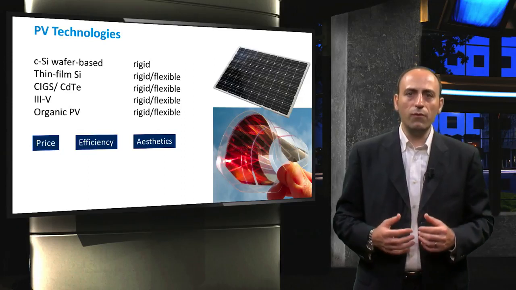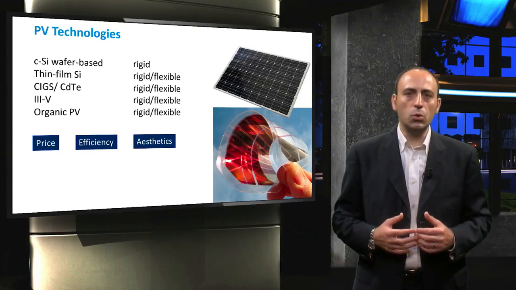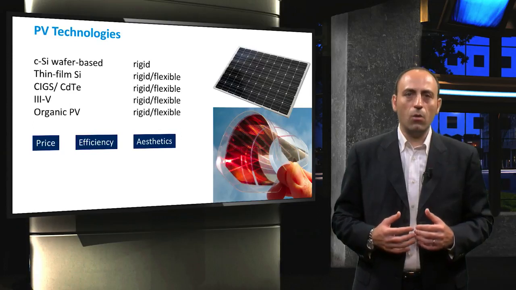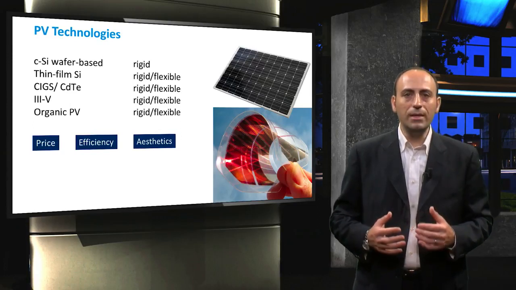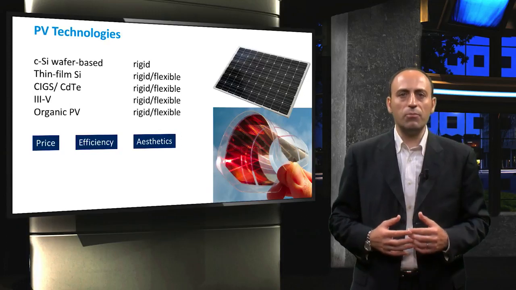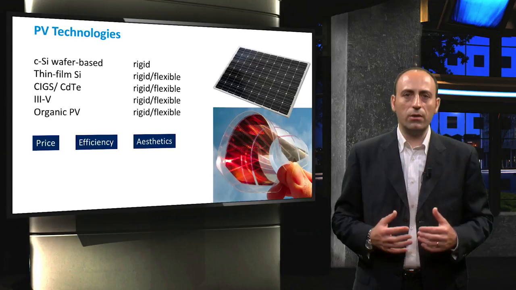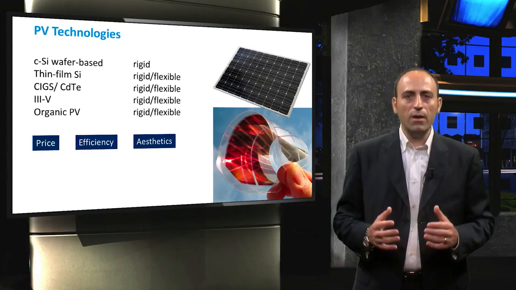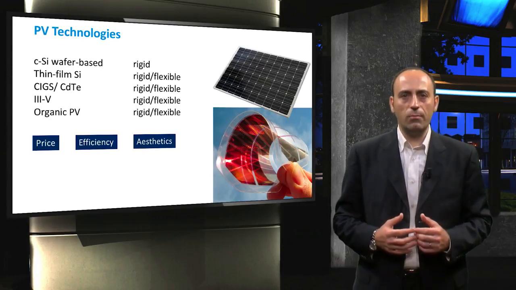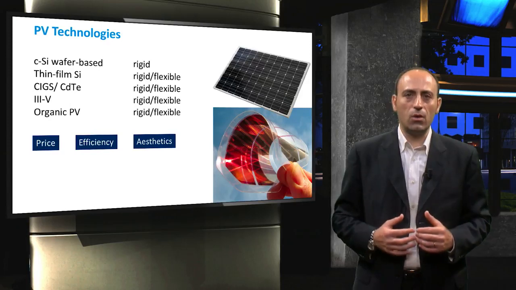Indeed, if your rooftop is curved, a flexible solution might be preferable. Also, an all-black system or building integrating system is generally preferred by the customer because they are less visible than the blue-colored solar panels.